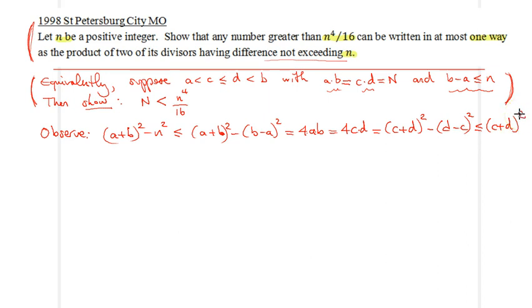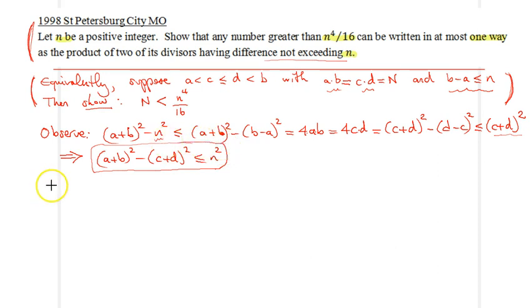So this is a simple observation, and therefore we can conclude that if we move that n squared to the right hand side and then this c plus d squared to the left hand side, we have the following form for the difference of squares. So let's keep that in mind for now.